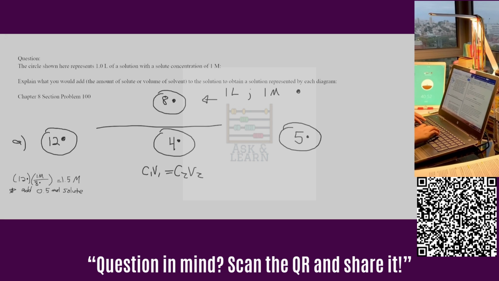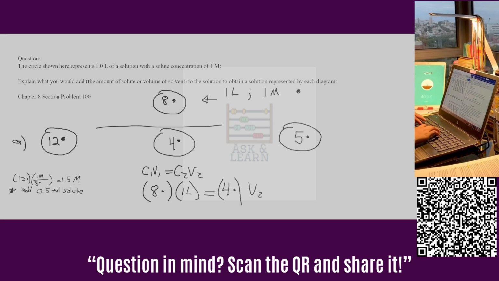So the concentration here is we could even call this 8 dots. And the great thing about this equation is, as long as your concentrations are in the same units, they don't have to be the same units as your volumes. So for example, the concentration of the first one is 8 dots, and the volume is 1 liter. So that's going to equal, we need that to dilute down to 4 dots, and whatever the volume 2 is.